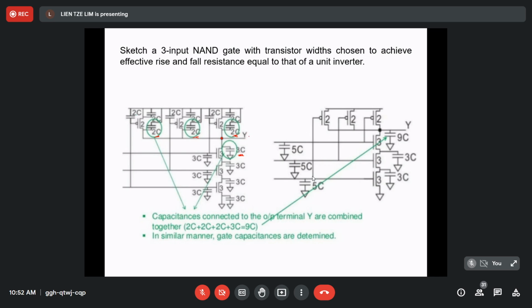So Y here equals 9C. Then the other capacitances, 3C, 3C, are not drawn here, and the capacitance at the source terminal is also not drawn. We can just ignore it. So this is how the RC are determined in a logic gate.